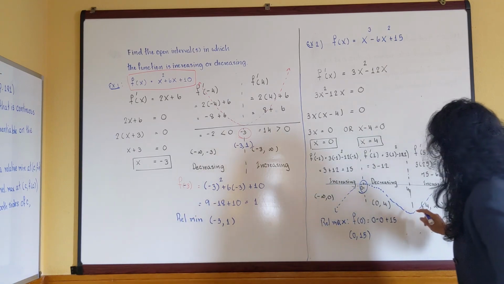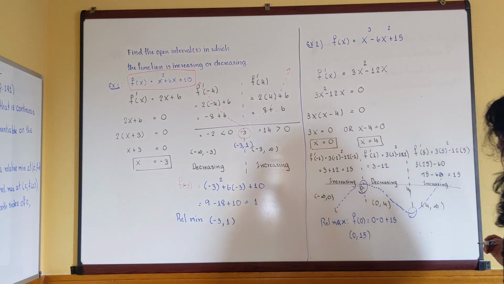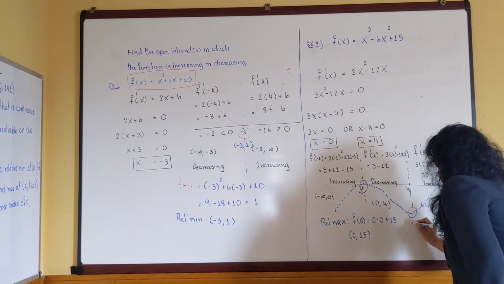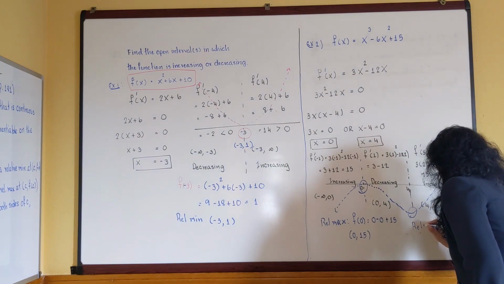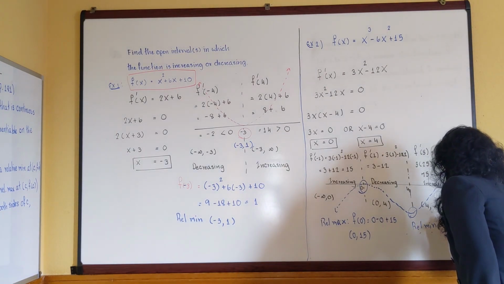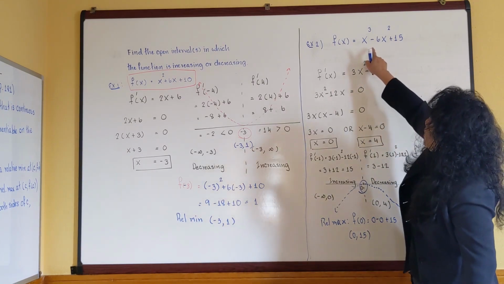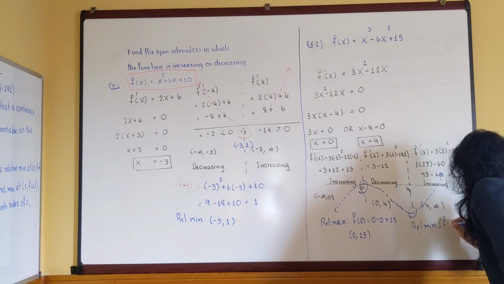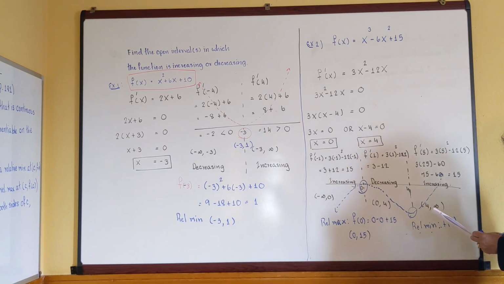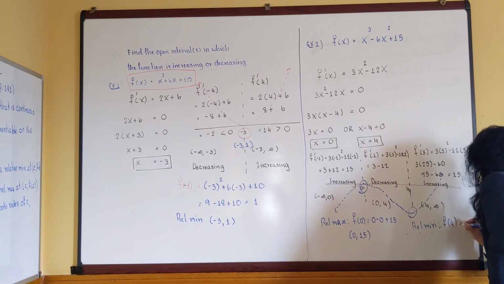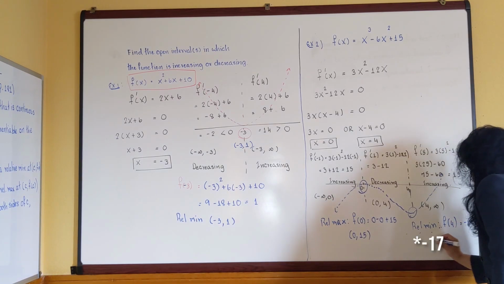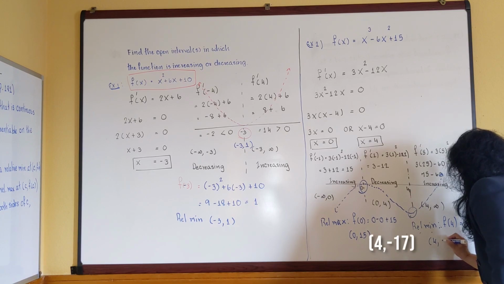Now this one will be your relative min. For your relative min, you will plug in 4 for the f of x function. And I did solve this. I got negative 7. So this point will be (4, negative 7). Alright?